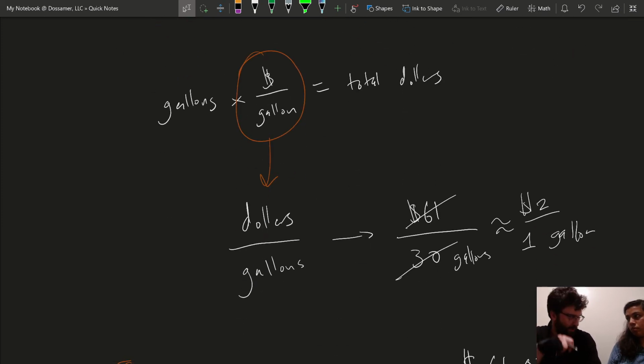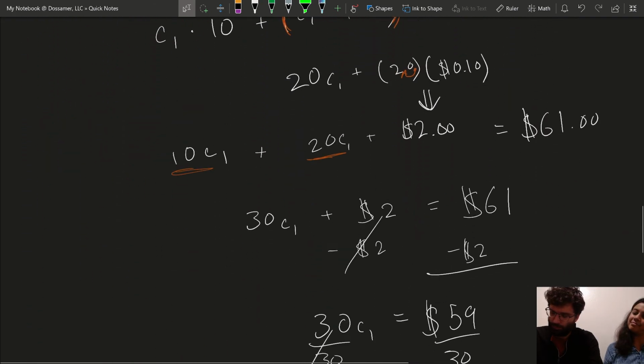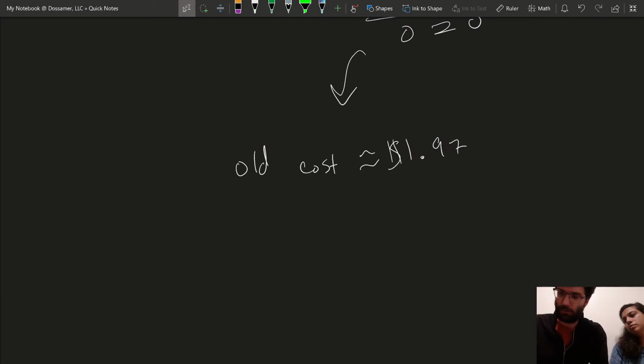So we found out there was a relative difference in cost, and we also found out there's a total quantity of a commodity, and then, using the data that we had, we wrote out some generic equations and then plugged in specific values, and like you said, put one cost in terms of the other cost. That led us to the equation plug-in, and then from there we solved. And we checked our work.